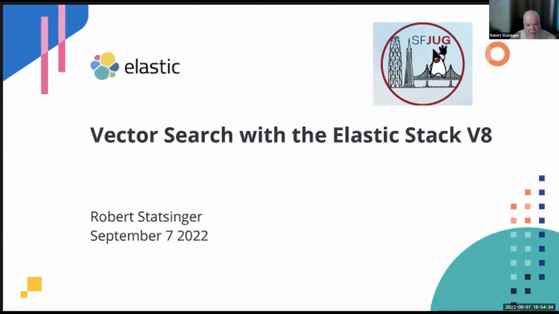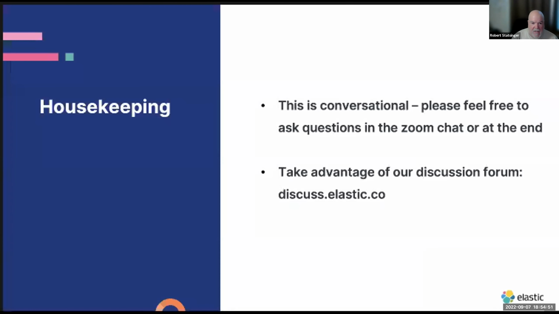What I want to talk about tonight is a vector search capability in Elasticsearch version 8, which is the newest release of the platform. As Peter mentioned, the housekeeping tonight is that this is conversational. Let's definitely have questions in the Zoom chat.